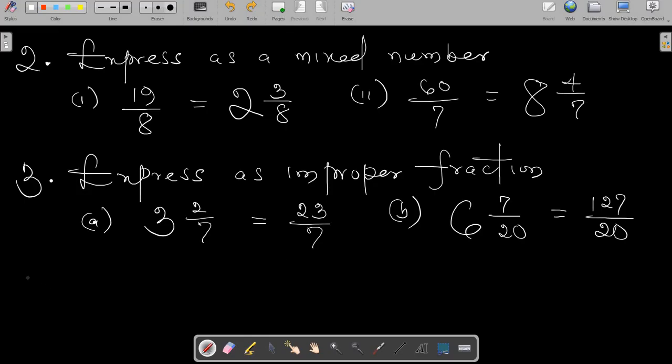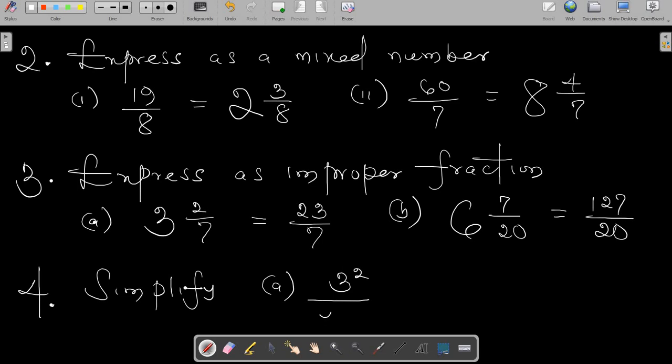Now let us solve number 4 of the question. Let's say if you are asked to simplify, okay, look at this question here. A, 3 squared all over 4 minus 7. Don't forget that 3 squared is the same thing as 3 times 3.